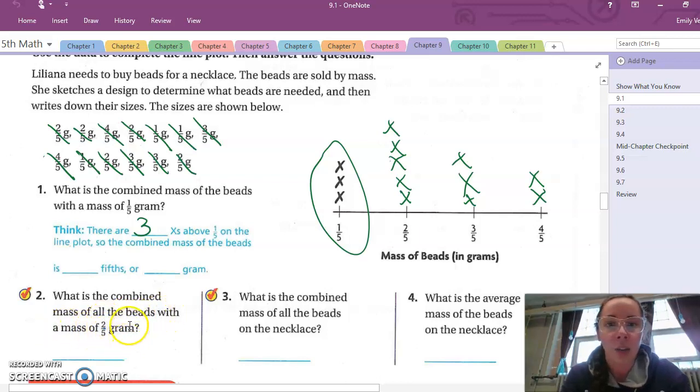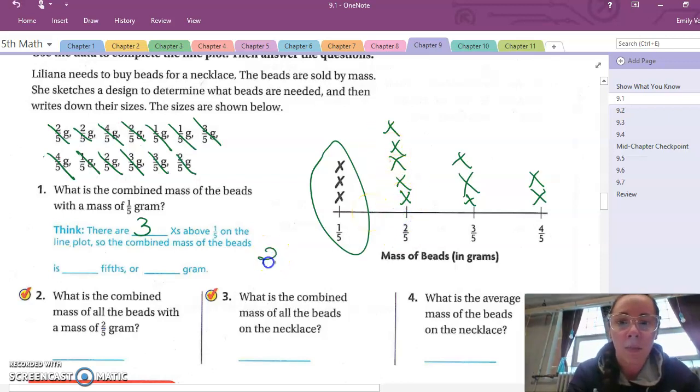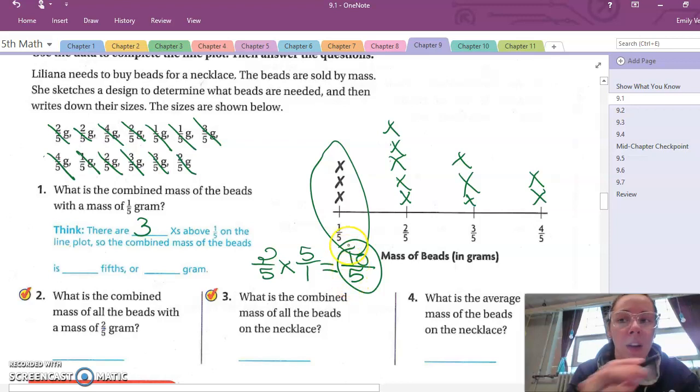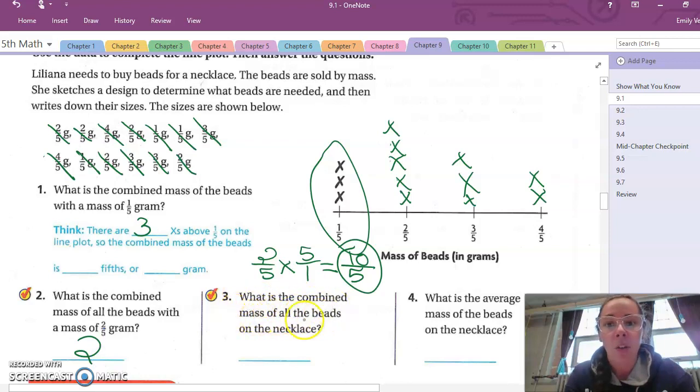So now we're looking at the 2/5, same thing, times the fraction by the number of x's above it. 1, 2, 3, 4, 5. 5 over 1, 2 times 5 is 10, 5 times 1 is 5. Improper fraction now. How many times does 5 go into 10? 2.